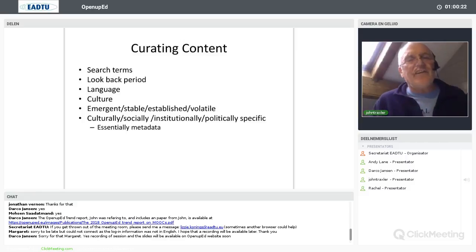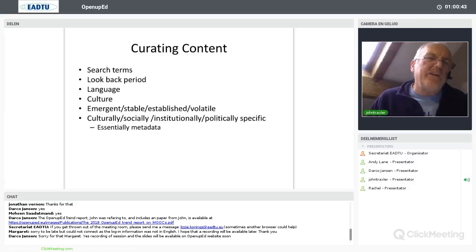And I guess it's essentially trying to identify what is the metadata for that content. You could argue that's very comparable to the kind of metadata one might use for OER, but that may be way too complex, way too technical, way too elaborate, and you need something quicker and dirtier.